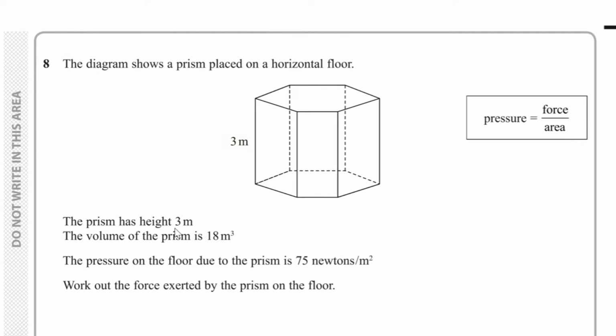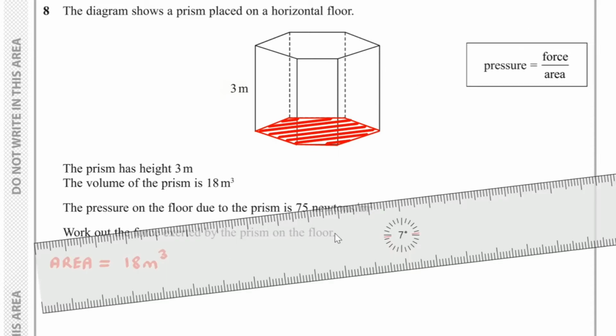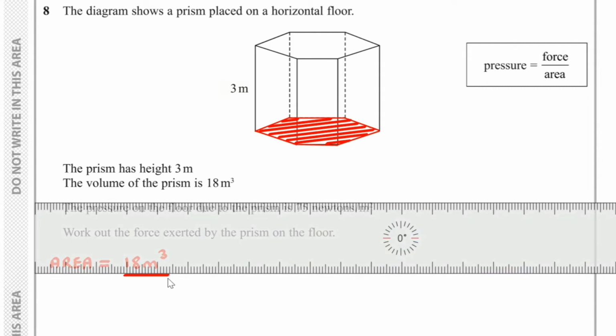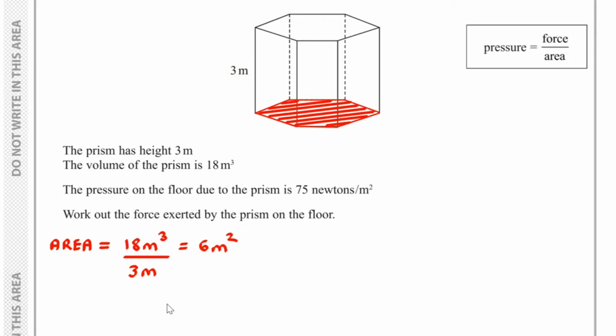Well, we've got a volume and we've got a height. We can find the area of the base. Area of the base, which is shown shaded here, we've got 18 meters cubed, and then divided by 3 meters, so we get 6 meters squared as our area.